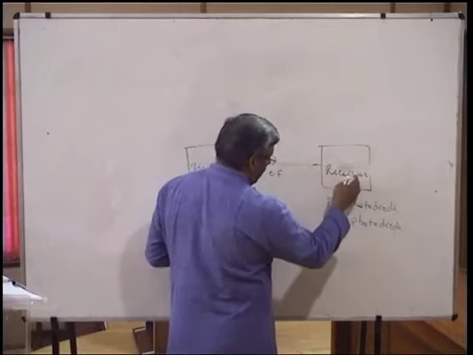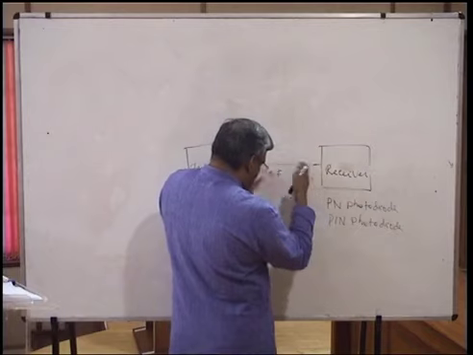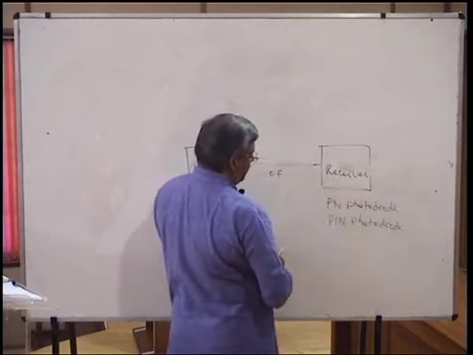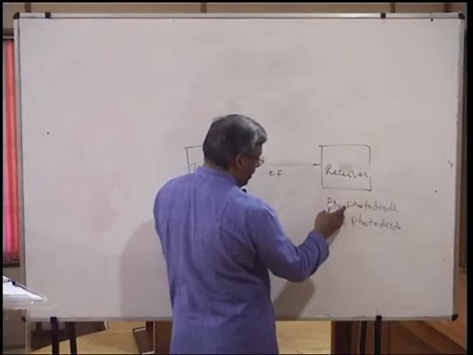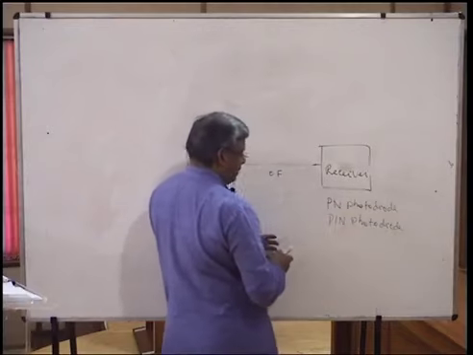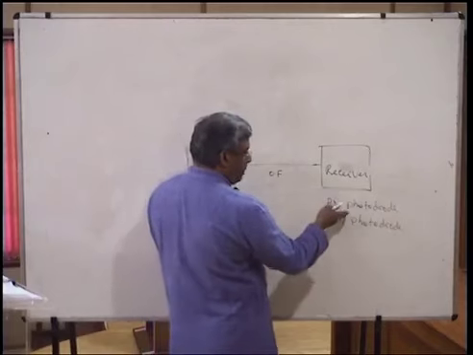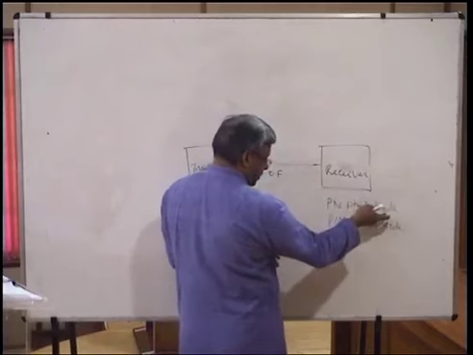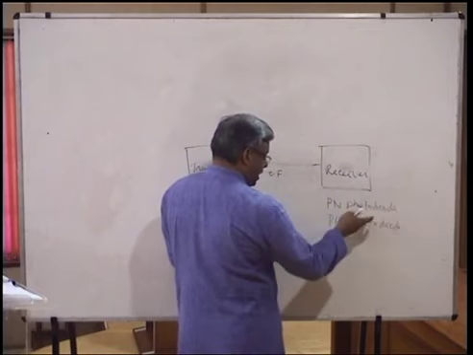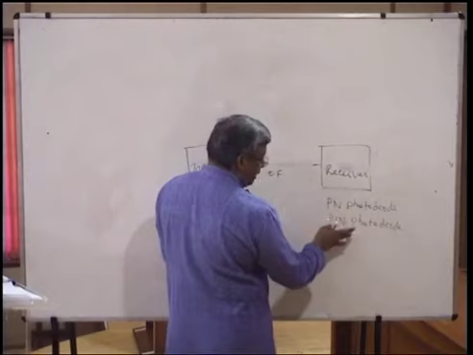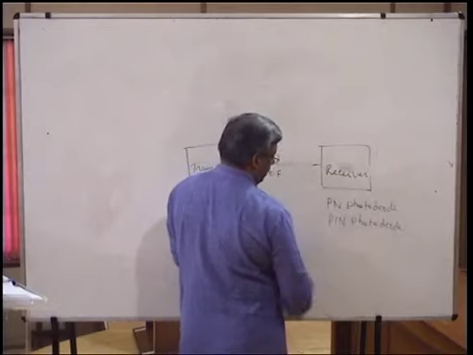Now on the receiver side, the signals carried by the optical fiber have to be decoded. Basically, this is sensed by photodetectors, which we have discussed. We have spoken about the PN photodiode, which is sensitive, but sensitivity can be improved by introducing intrinsic material between, so you have the PIN photodiode.